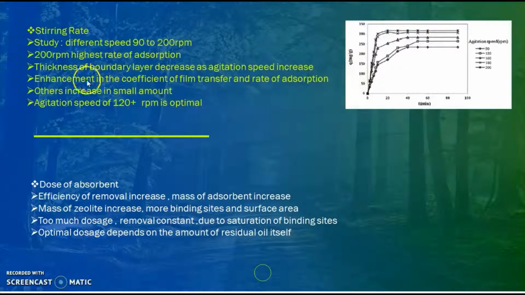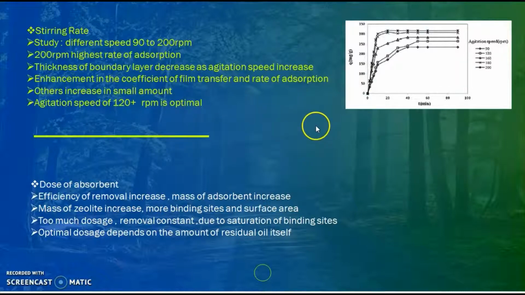This might be due to the thickness of the boundary layer surrounding the zeolite particles starting to decrease as agitation speed increases. That leads to an enhancement in the coefficient of film transfer and rate of adsorption. The other agitation speeds also increased, but only by a small amount.